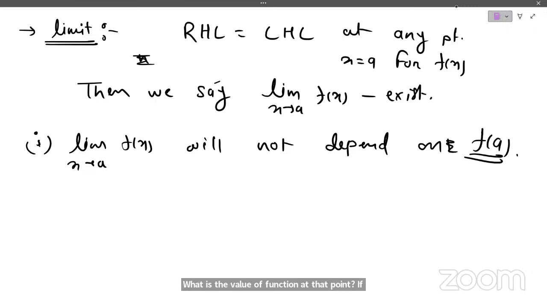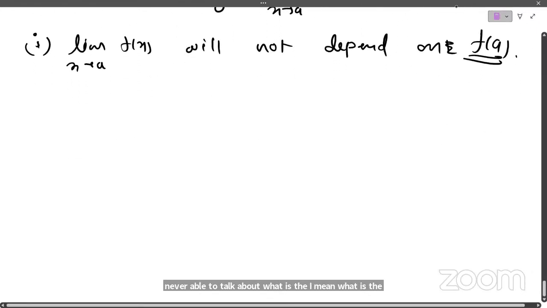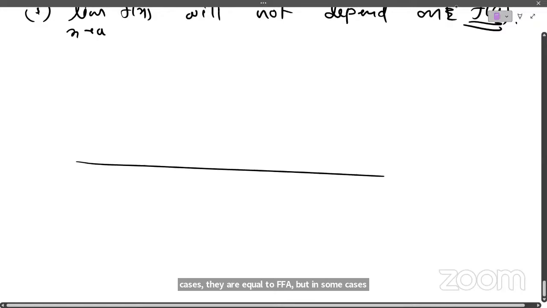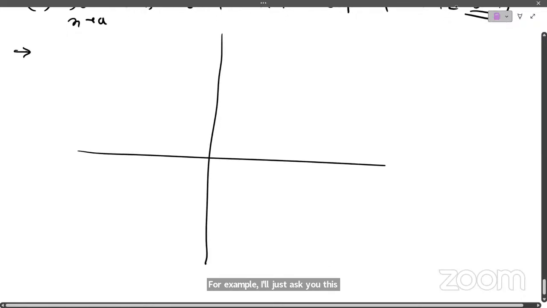If you want to find the limit of a function at some point, you're never able to talk about the value of the function at that point. In some special cases, they are equal to f of a, but in some cases, they won't be equal. For example, I will just ask you this simple question. Now, this is for those people who want to do questions, okay?